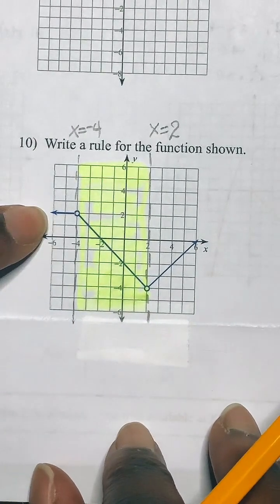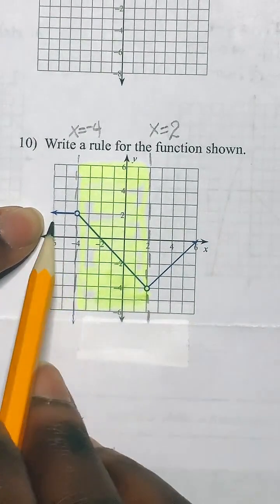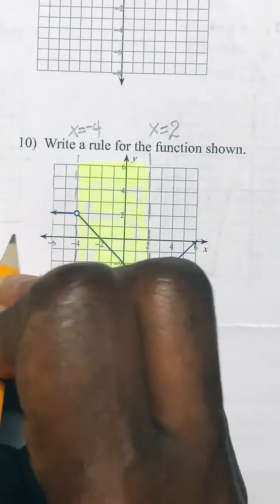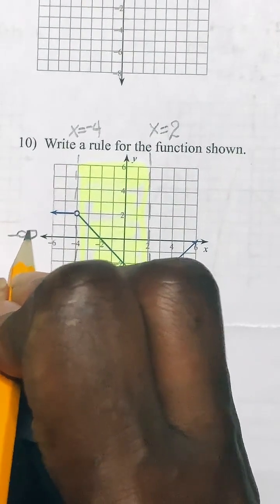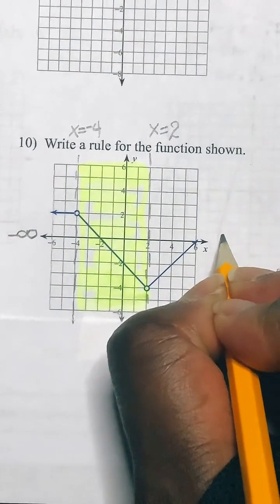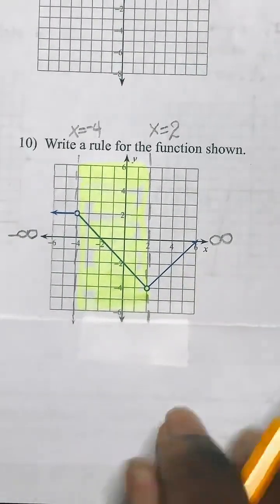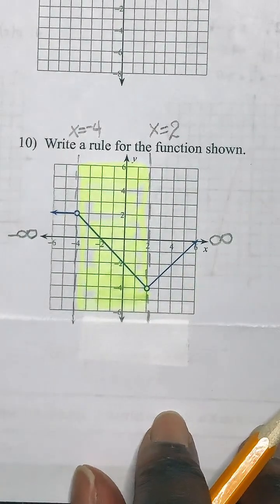So if I notice this, I'm going from negative infinity for my x values to positive infinity for my x values.